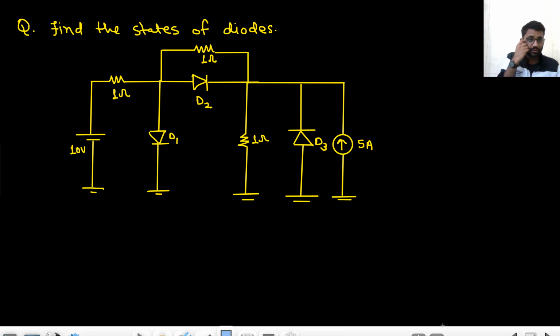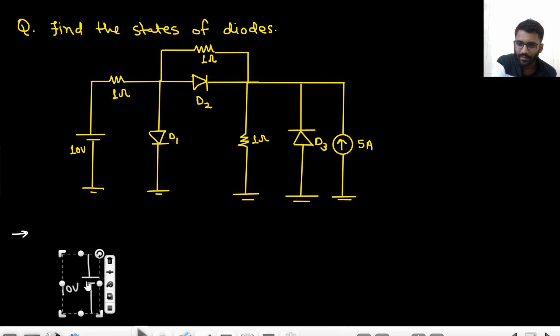Okay. Here the concept of network analysis will be used. That's it. Nothing else. So what would you prefer here? I would prefer the open circuit test. So let's apply the open circuit test here. This is 10 volt.